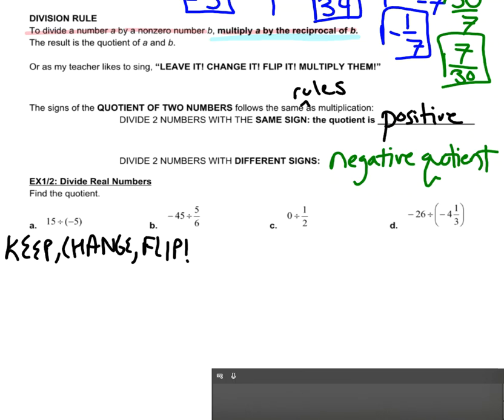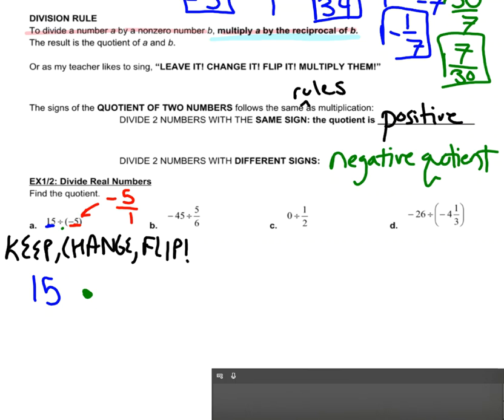We are going to keep that 15, that first number. We're going to change that division into multiplication. And we're going to flip that last term. Negative 5, though, we can't currently flip it. Well, negative 5 is the same thing as negative 5 divided by 1.